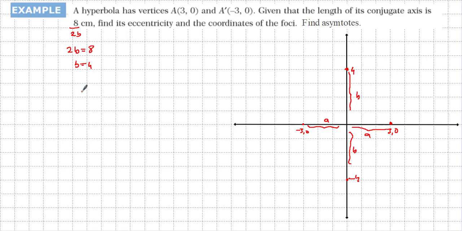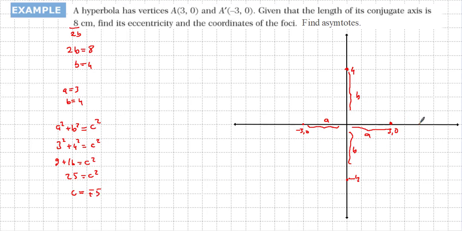So a is equal to 3, and b is equal to 4. With respect to that, a square plus b square is equal to c square. 3 square plus 4 square is equal to c square. 9 plus 16 is equal to c square. 25 is equal to c square. c is equal to plus minus 5.